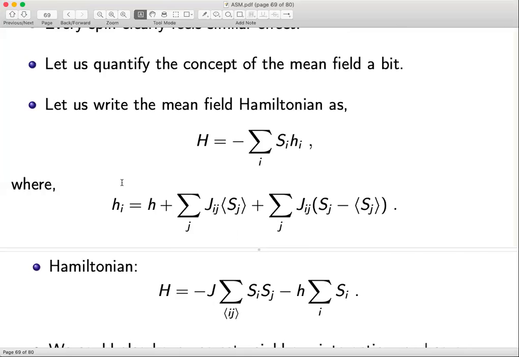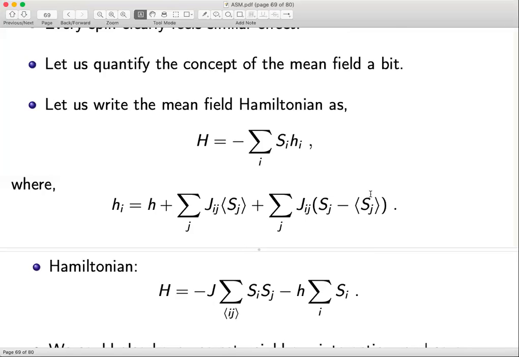We say that the magnetic field seen at the site i is the uniform external magnetic field plus the H effective seen at site i plus the fluctuation of the mean field from its average value. We are going to ignore this at first go, simply because we would like to study the system within the mean field approximation itself.